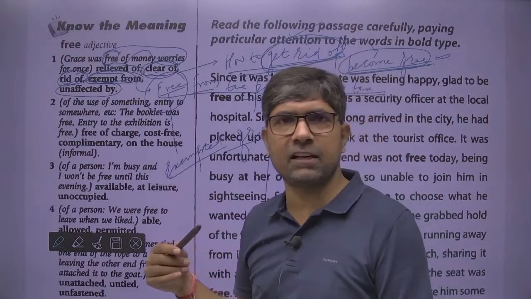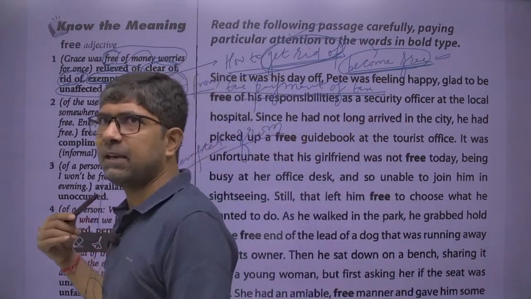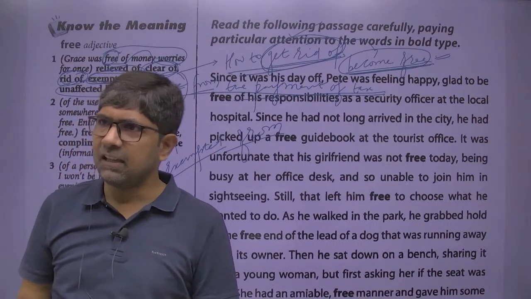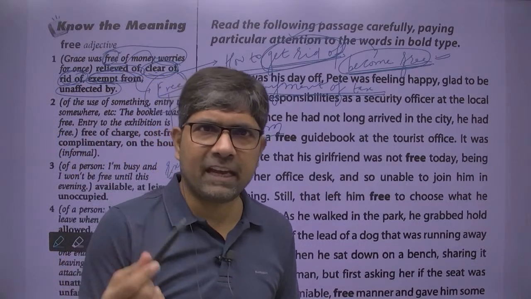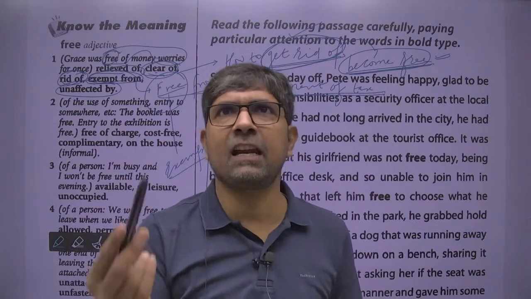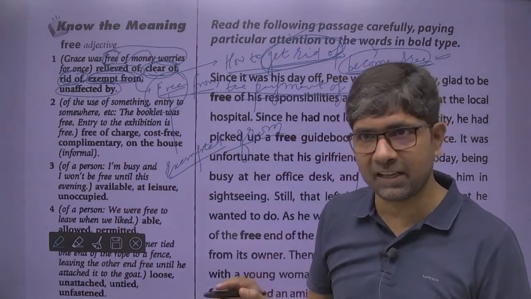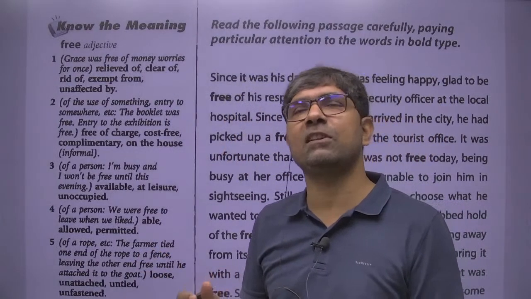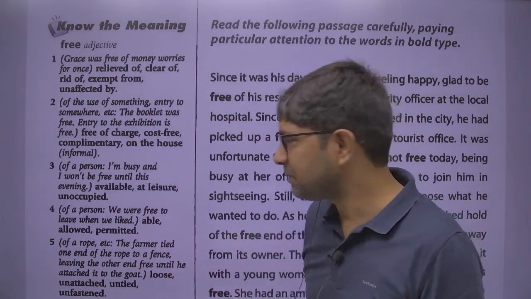He or she is a free bird. Means one does not have any commitment. There are no engagements, there are no commitments, there are no burdens, there are no responsibilities, there are no restrictions. So you can enjoy independence.